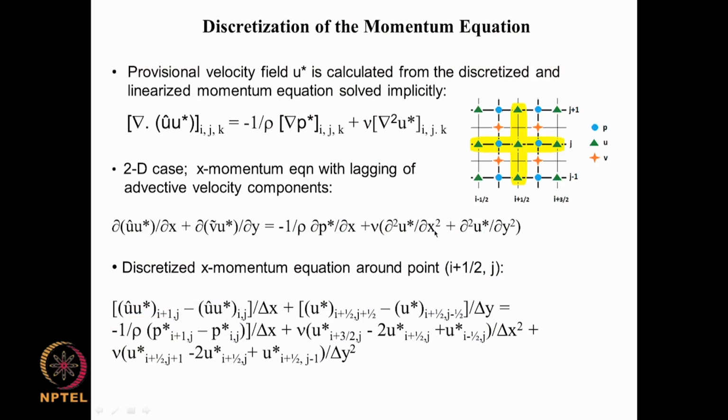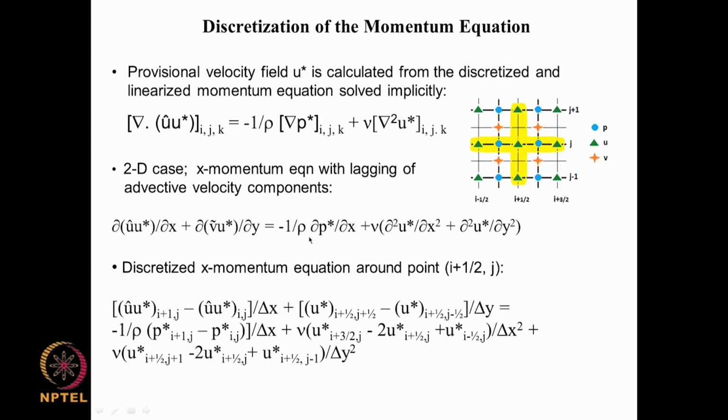So the diffusion terms here, del square u by del x square, are being done using the central method. We take this value minus 2 times this value plus this value, divided by delta x square, and this one is evaluated as this value minus 2 times this value plus this value, divided by delta y square. So that is being done here.